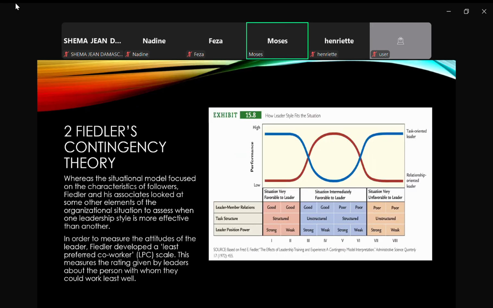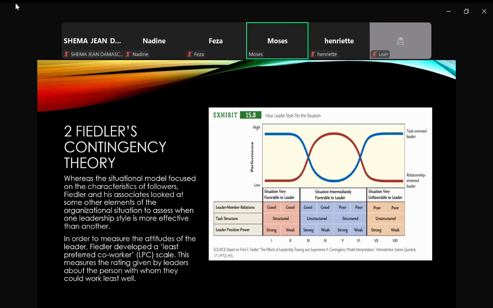Approach number 2 is Fiedler's contingency theory. Fiedler's contingency theory is a theory that talks about when it is favorable to be a task-oriented leader and when it is unfavorable. It also talks about when it is favorable to be a relationship-oriented leader or not.